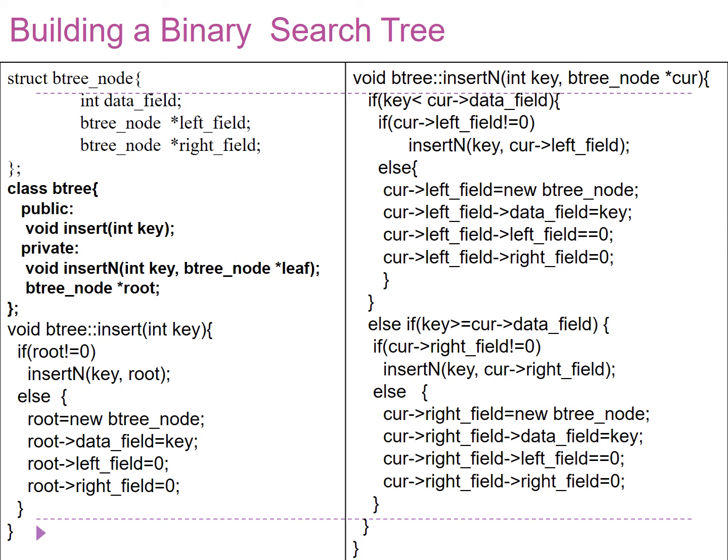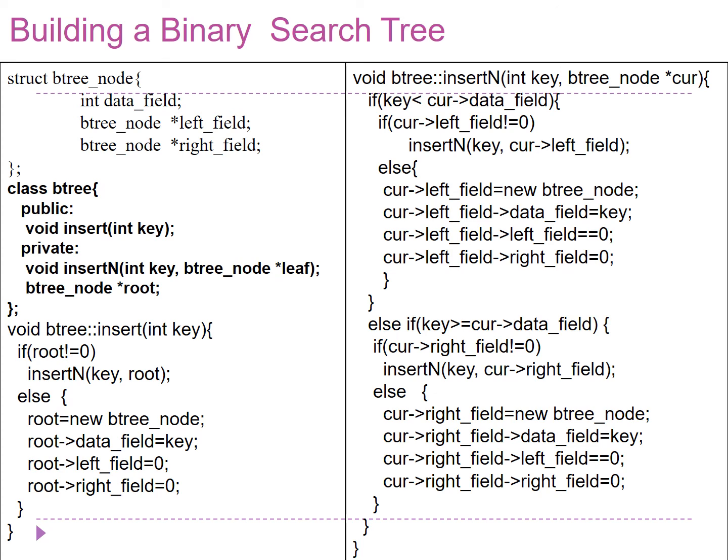Btree node is a structure which contains the data stored at the binary search tree nodes as data field. It contains a pointer to the left child as left field and a pointer to the right child as right field.